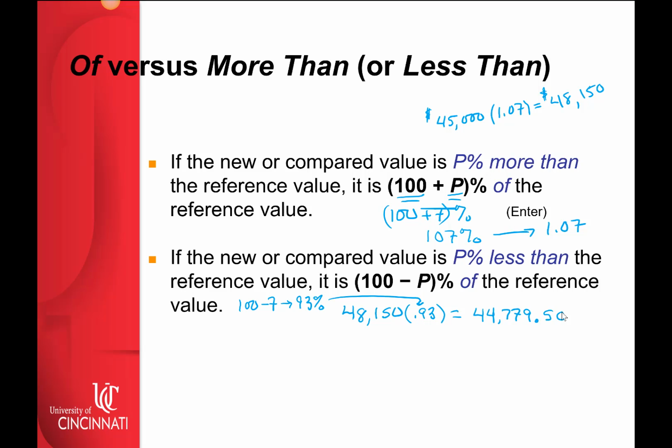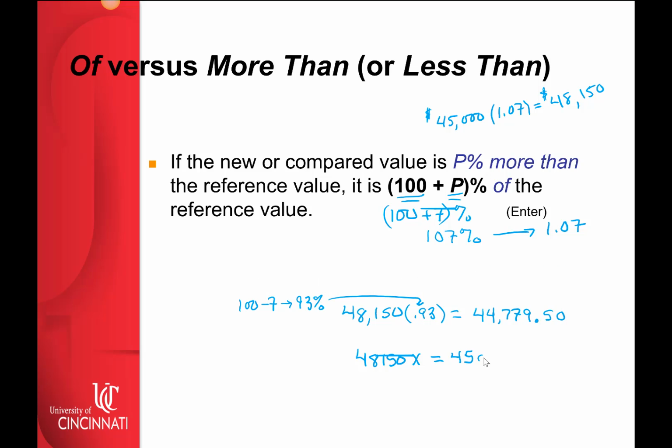So if we want to figure out what percent less than Nicole I make, we would have to take the 48,150, multiply it by some number, and we want that to work out to be 45,000, don't we? Does that make sense to everybody?